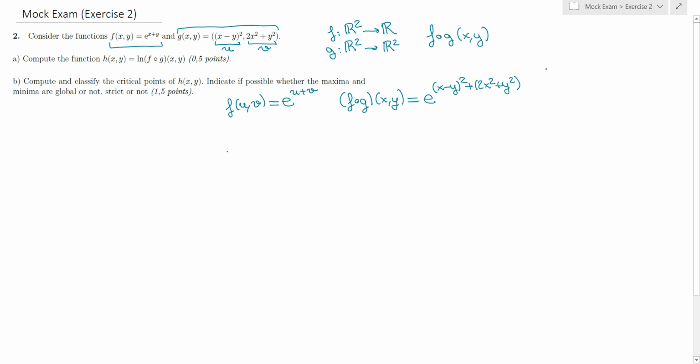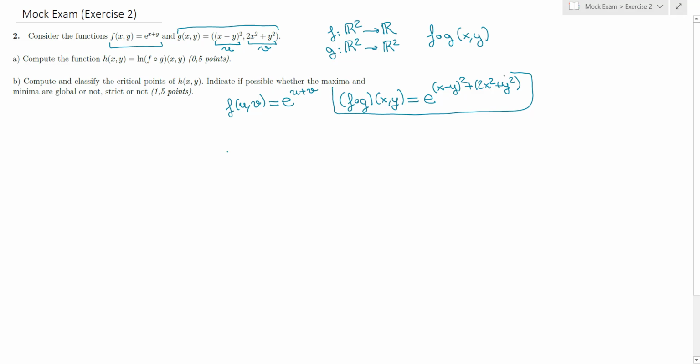So to recap, the idea is that we have to first apply G to X and Y, and then we get other variables that are U and V, and to this U and V we apply F. And in order not to get messed up and to apply the things to U and V, we rewrite this in terms of U and V and not in terms of X and Y. So this is the final result.